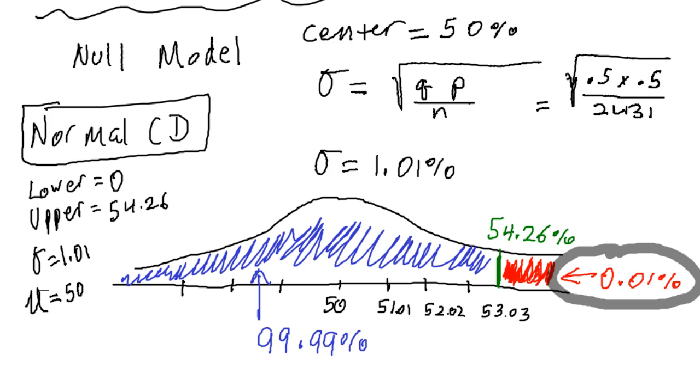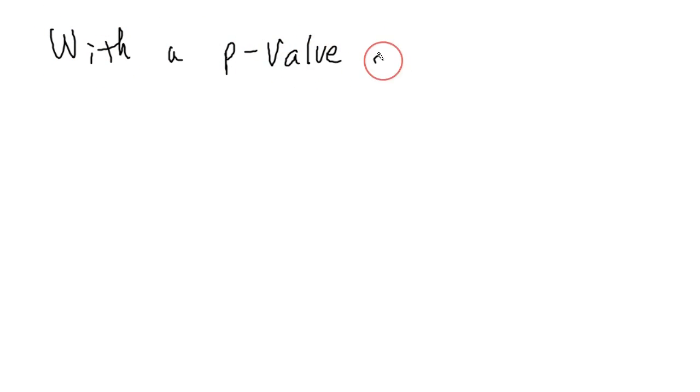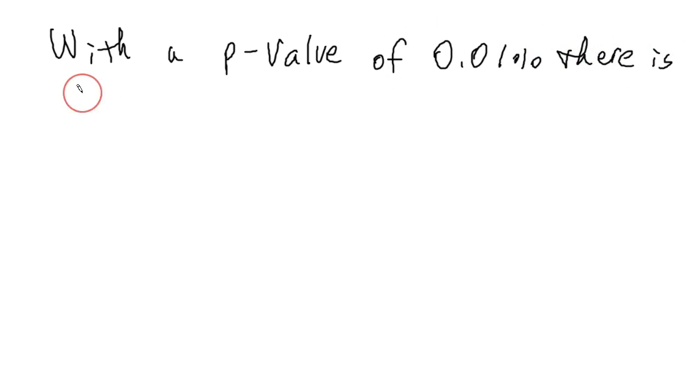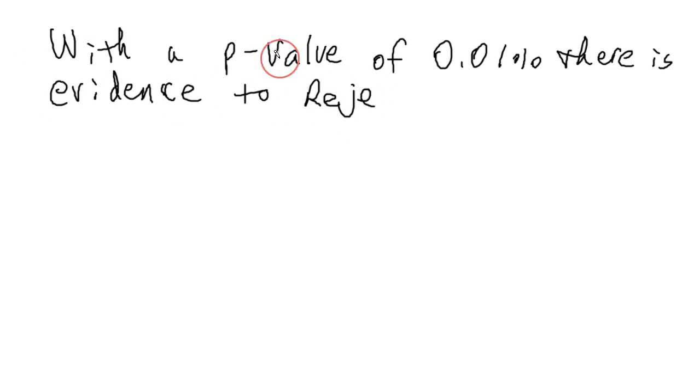So what we can say now is because this p-value is so low, we have enough evidence to support the alternative hypothesis. So we would say with a p-value of 0.01%, there is evidence to reject, very important that we talk about rejecting the null hypothesis.